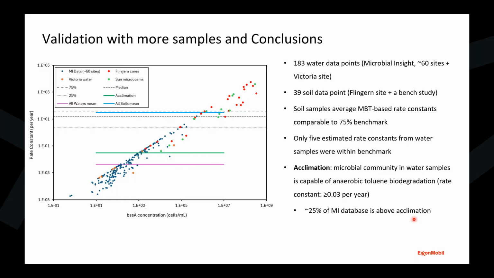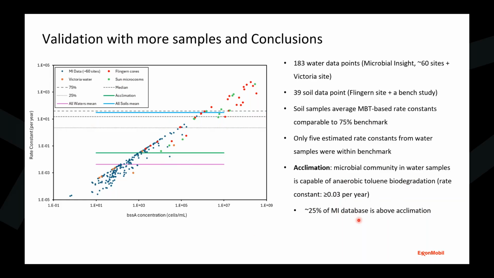So what we did was also define acclimation for microbes in the water samples that are capable of toluene degradation. We established acclimation at a 0.03 per year rate constant, because it's 10 times lower than the rough rule of thumb used for assessing rate constants in the field.